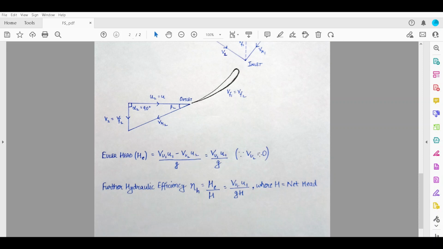As VU2 is 0, because this is an axial flow, therefore alpha 2 is equal to 90, thereby making the tangential component 0. Now, the hydraulic efficiency is given by the Euler head divided by the net head, which gives us this particular formula, that is VU1 into U1 divided by gH.